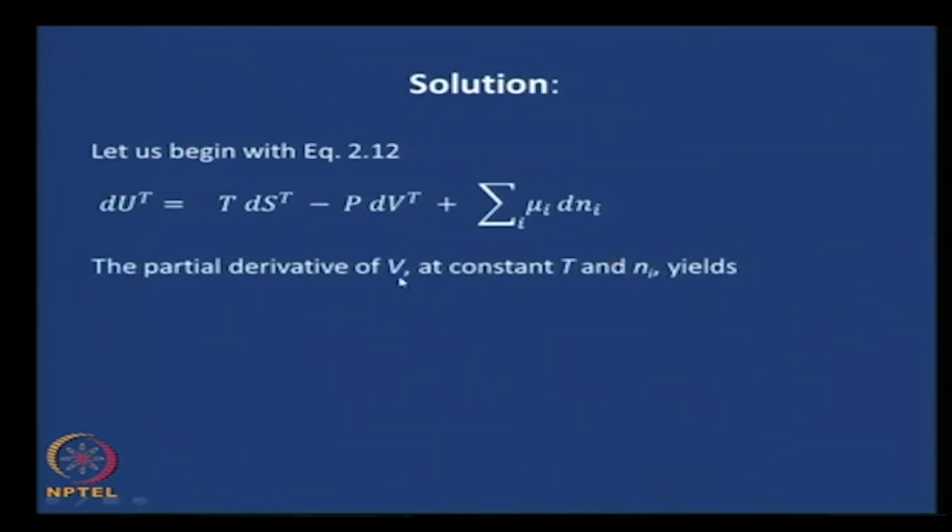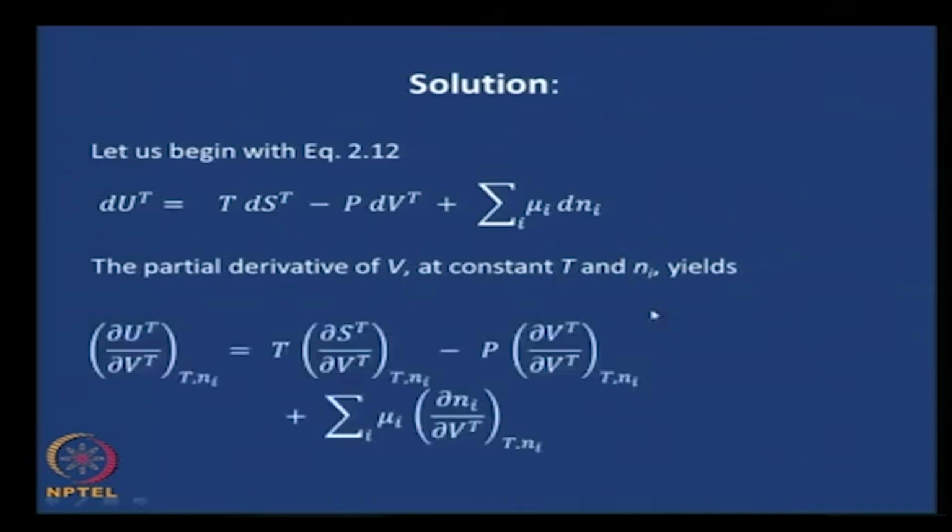The partial derivative with respect to Vt at constant T and ni can be written as dou Ut dou Vt at constant T, ni equals T dou St dou Vt minus P dou Vt dou Vt at constant T, ni plus summation over all i of mu i dou ni dou Vt at constant T, ni.